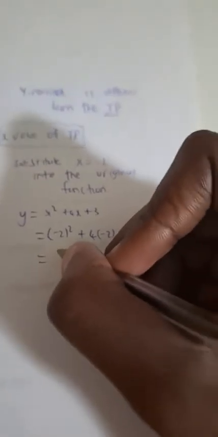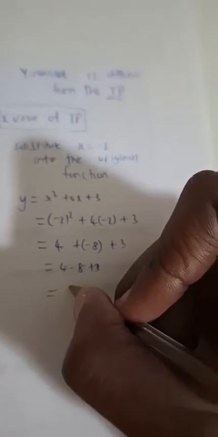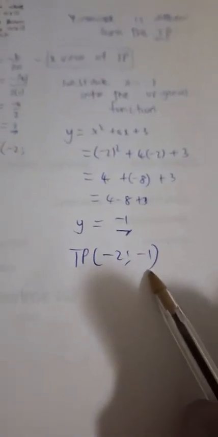The even exponent makes it positive, so it's positive 4. And negative 8 plus 3, that's 4 minus 8 plus 3, which is negative 4 plus 3, which is negative 1. Therefore our turning point is negative 2 and negative 1. Very, very important.